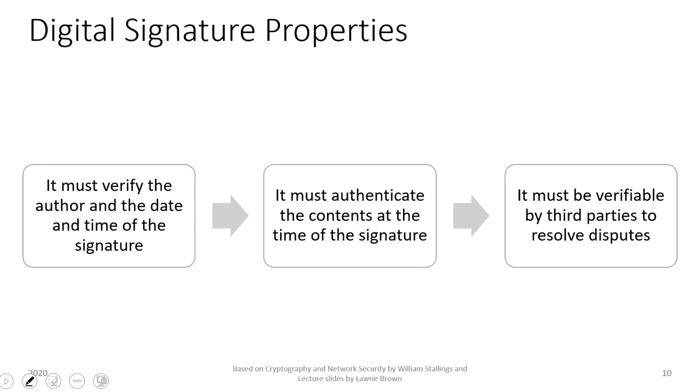So, able to verify the author, able to authenticate the content, and also able to do these things by a third party. So this ensures that in two-party communications, either party cannot back out of their part in ensuring an agreeable communication happening.